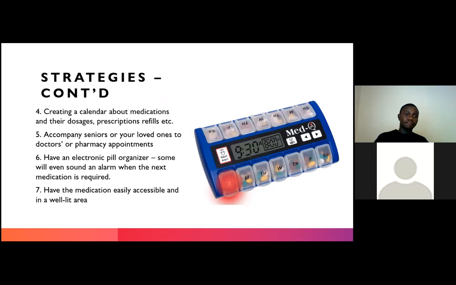If possible, you also want to create a calendar about medications and their dosage, and prescription refills, like knowing that my medication will be running out on this date, so I need to put in a refill notice a week in advance so that I can have them delivered on time.